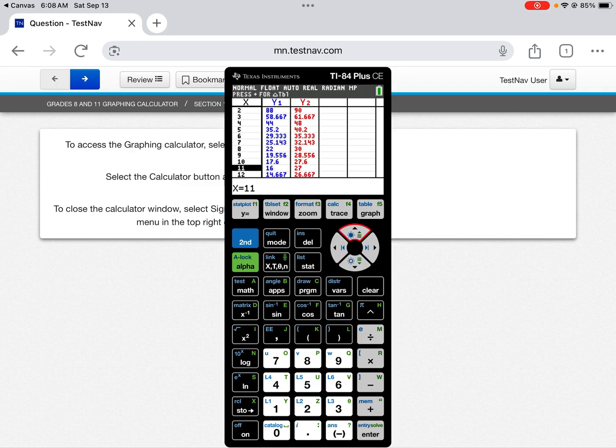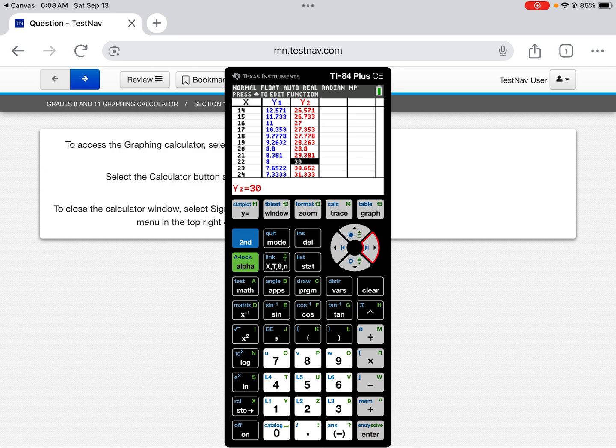And 11 times 16 gets you 176. So these are all the factors of 176. Okay? So the black and the blue are the factors, but what's really cool is the red. The red is the middle term.